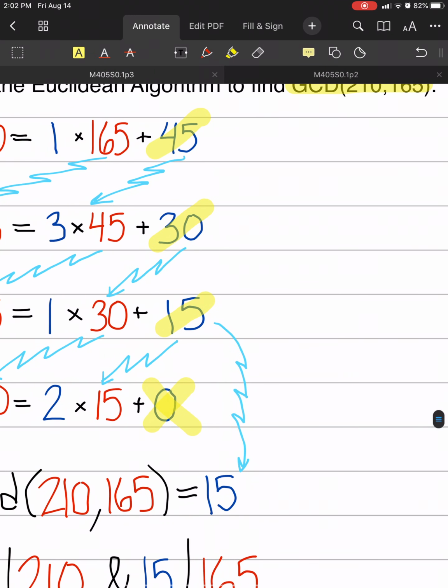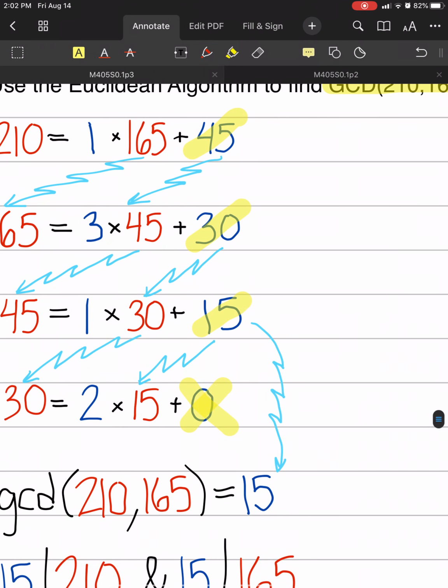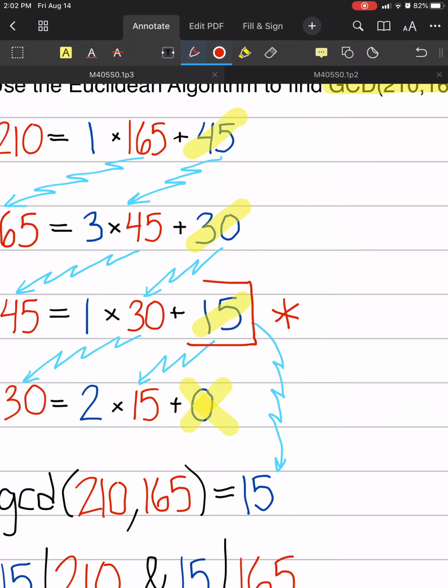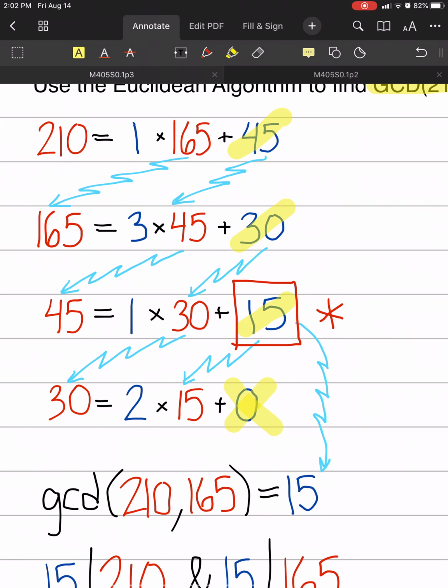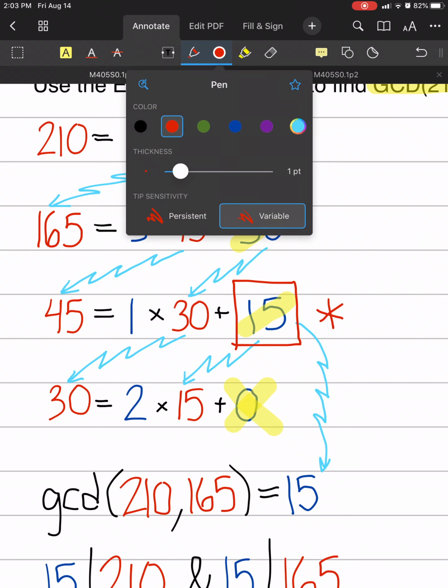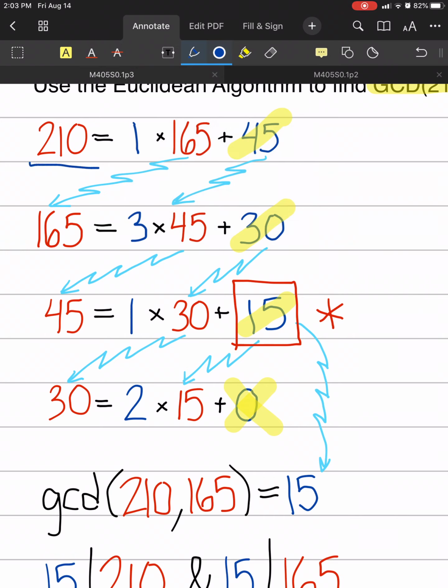I don't know what happened, but whatever. We start with this next to the last step here. The reason we're starting here is this number, remember, is our GCD. So we're wanting to write the GCD in terms of these original two numbers up here.